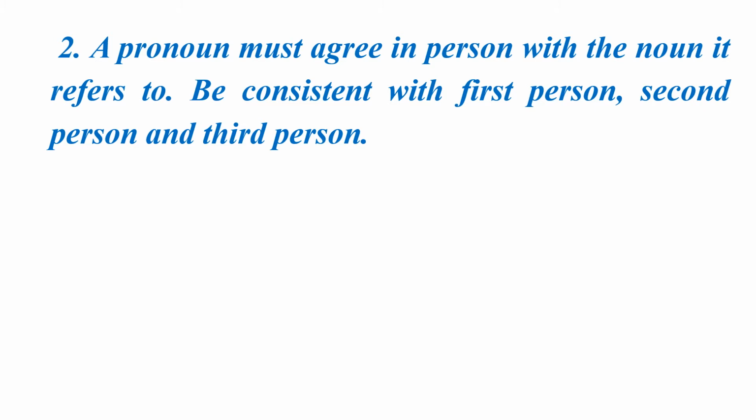If you use first person, you have to continue with it. If you use second person, you have to continue with you. And if you use third person, you have to continue with the third person. There's no scope for mixing up the three types of persons. You have to go on with the same person in a sentence.